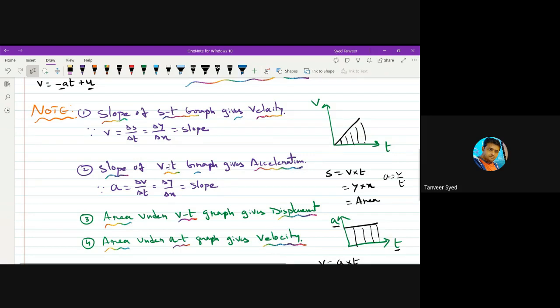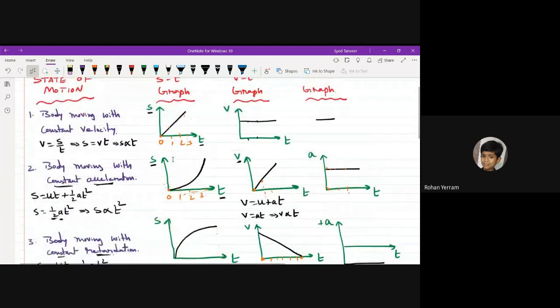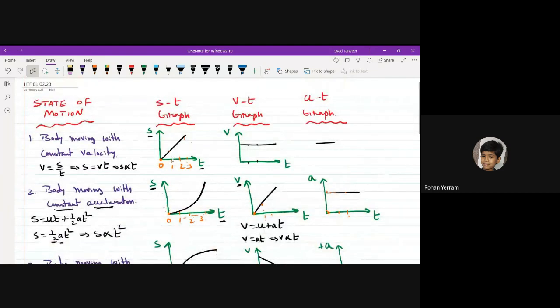If you have any doubts in this, you can ask. Sir, I have one doubt. Sir, for the first case, could you scroll up? Sir, body moving with constant velocity, acceleration time graph, we can obtain a graph by having it on x-axis, no, sir? What is the acceleration of a body moving with constant velocity?